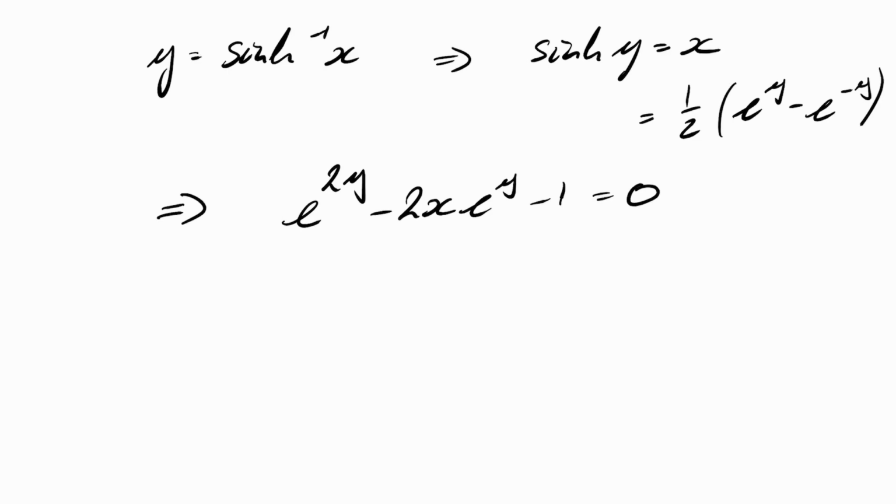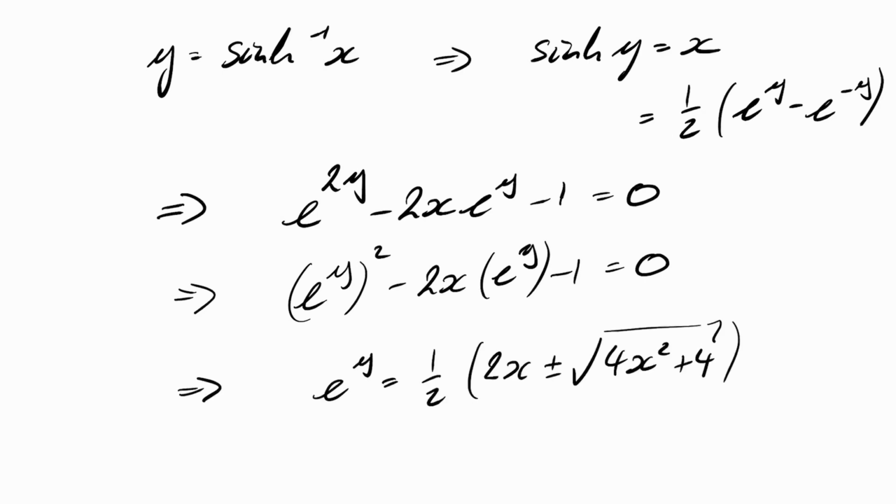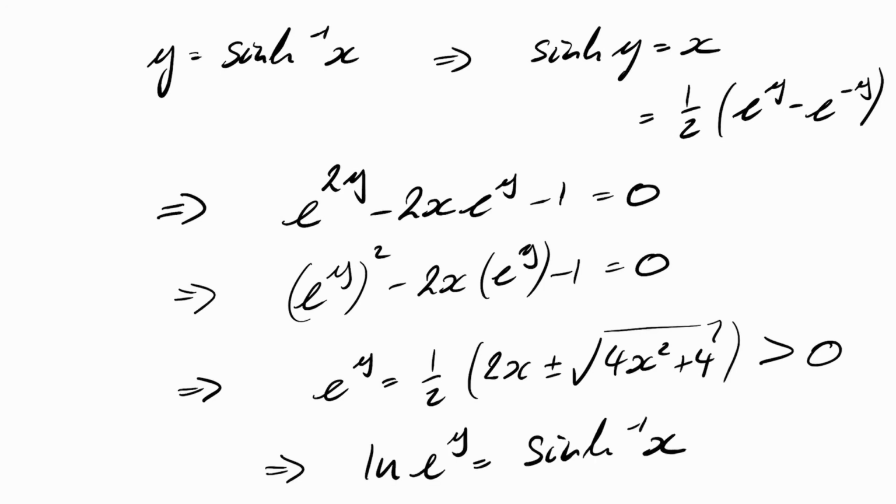If I write that out and solve this, and of course we need this to be positive, so we therefore take the positive root. The logarithm of this equals the result stated earlier.